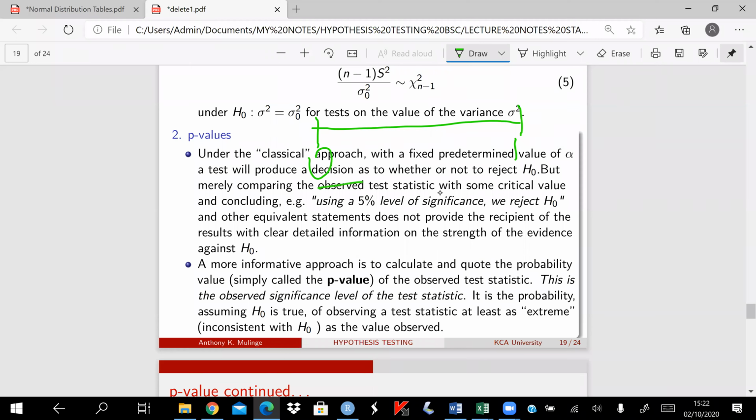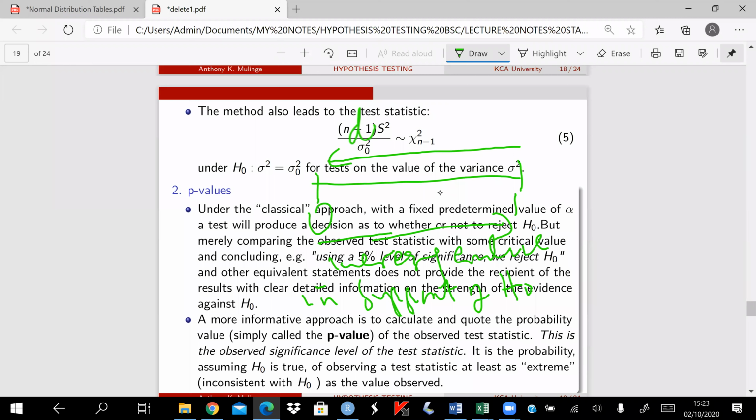So this is increasing evidence in support of H0, and this is decreasing evidence of supporting H0.